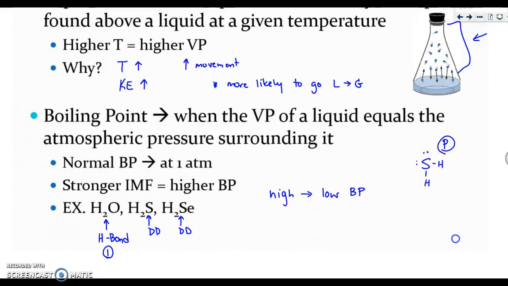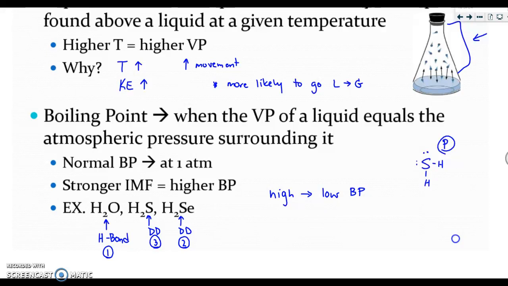And then since both of these have dipole-dipole, we have to look at which one is larger in size. The H2Se is larger in size based on mass, so it would technically be considered the second highest, and then H2S would be the third. So when you do practice problems like this, where you're asked to compare a property, you have to determine the IMF, and then use your knowledge of IMFs to answer the question.